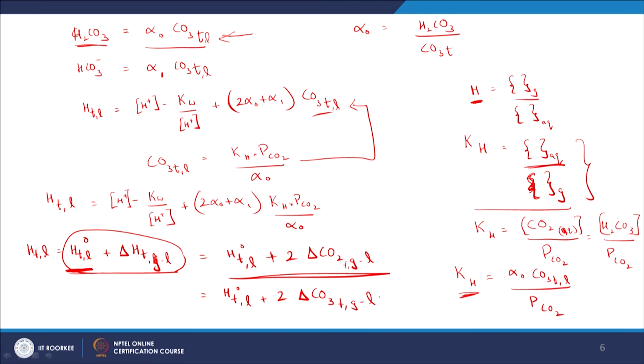So continuing from our previous slide, H total L at equilibrium is going to be equal to H total in the aqueous solution initially plus 2 times the change in CO3 total from gas to liquid, right. Let us try to simplify this further.